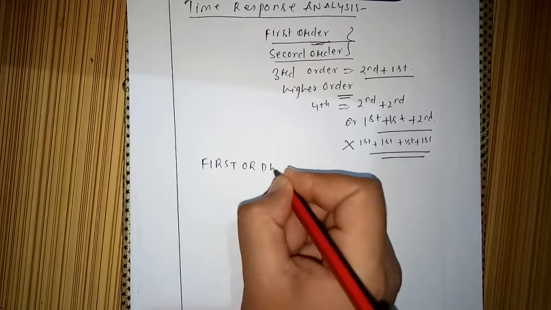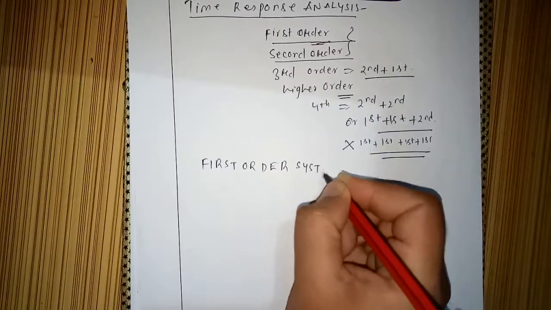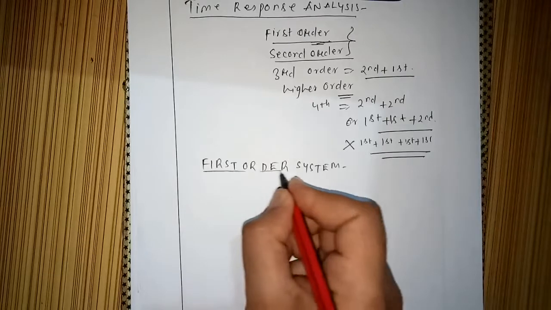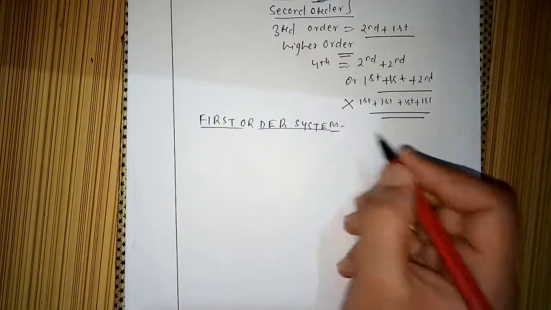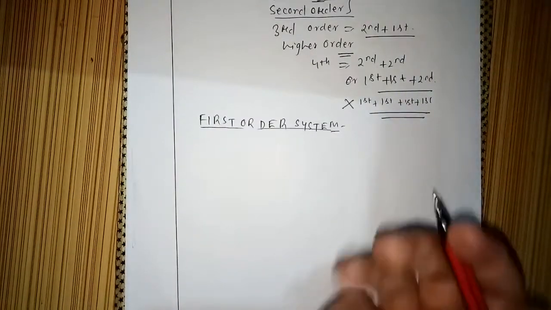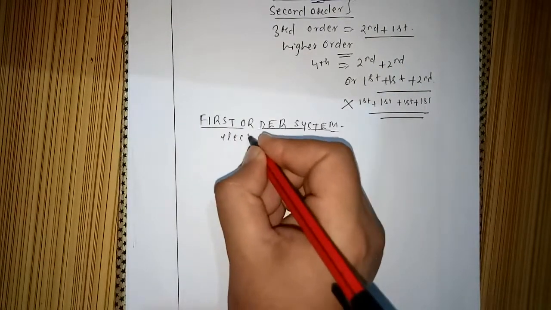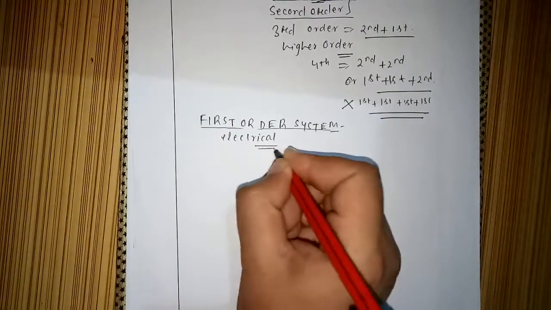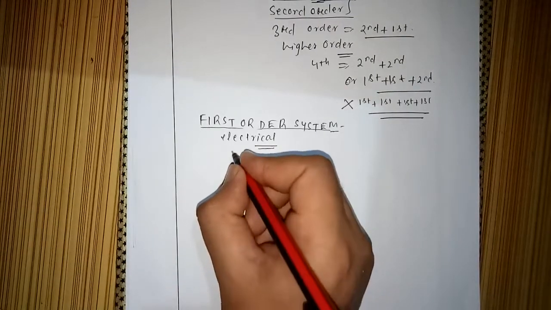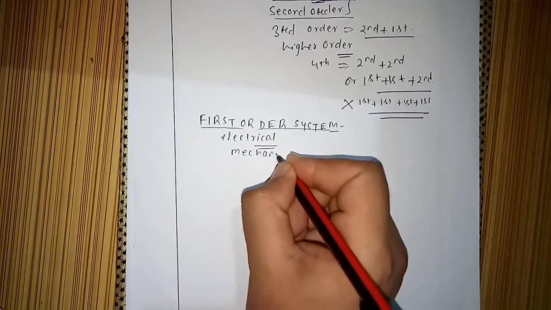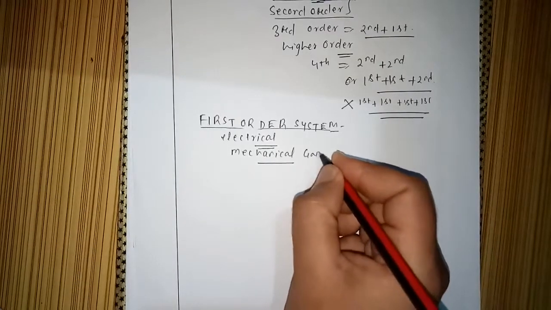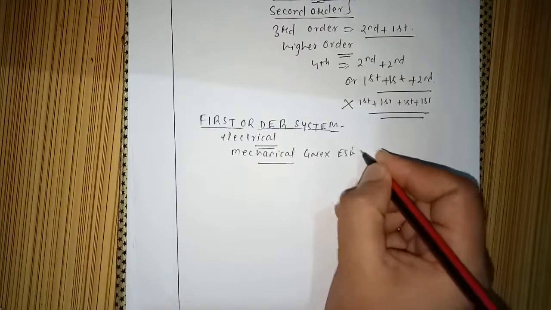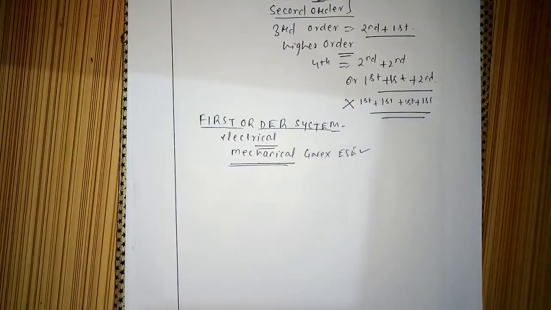First order system, right? So for a first order system, there can be different kinds of systems, not any particular one. We will generally deal with our electrical system, but that is not the only system. There are other mechanical systems also that we will see very shortly. This part is not in GATE, but in ES this is there, so we will also look at the mechanical system.